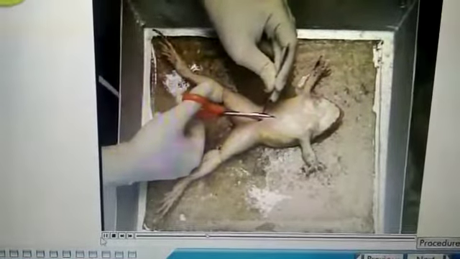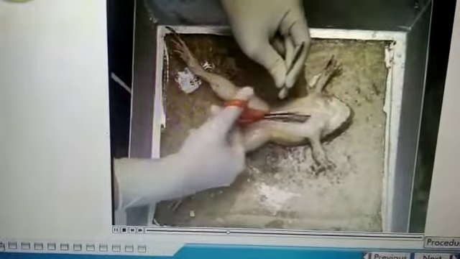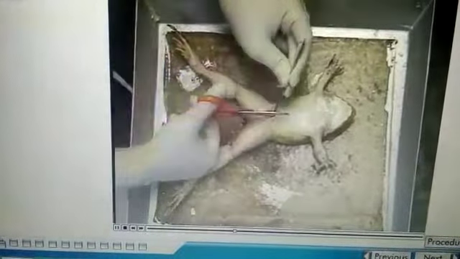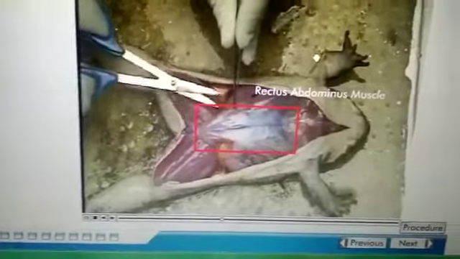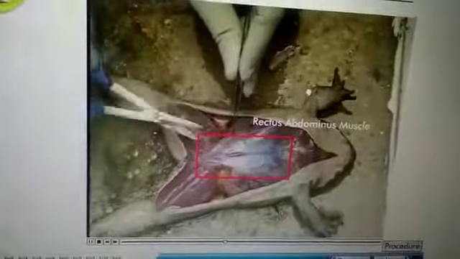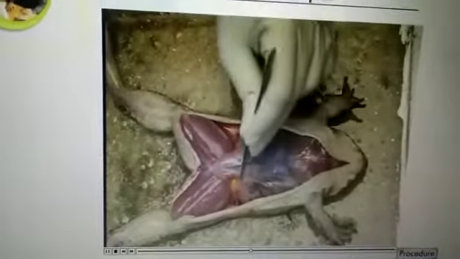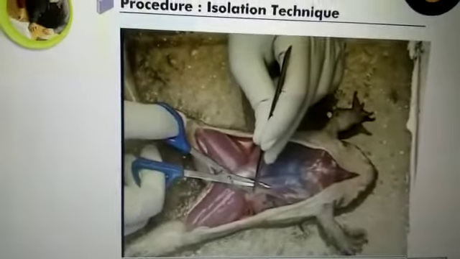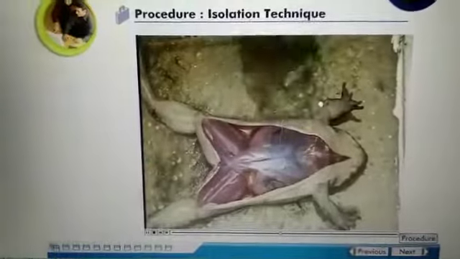Remove the abdominal skin to expose rectus abdominis muscle. To isolate rectus abdominis muscle preparation, take side cut on rectus muscle. One can prepare 2 muscle preparations from a single frog.